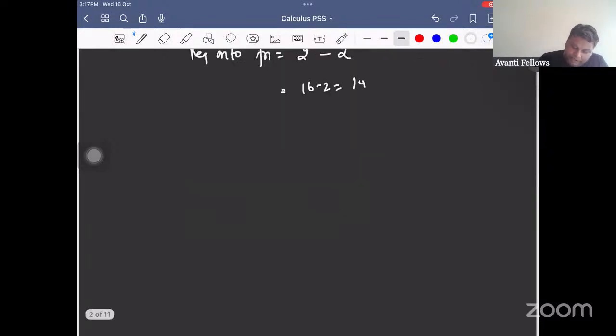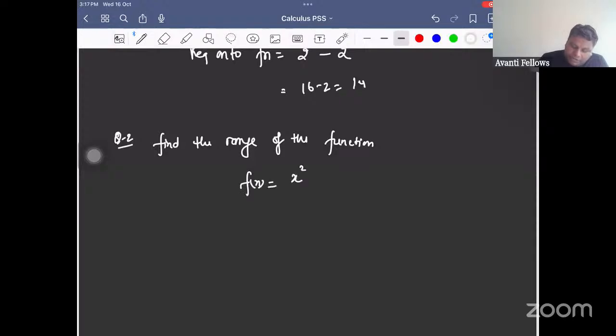Now, math question number 2. Find the range of the function f(x) equals x square minus x plus 1 upon x square plus x plus 1. How do you do it?